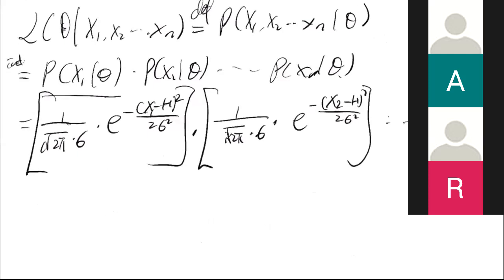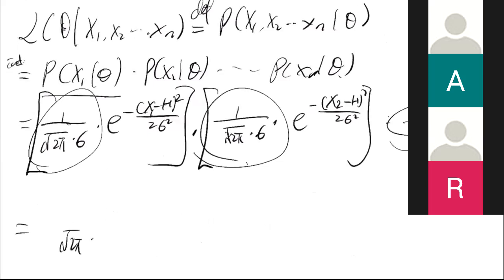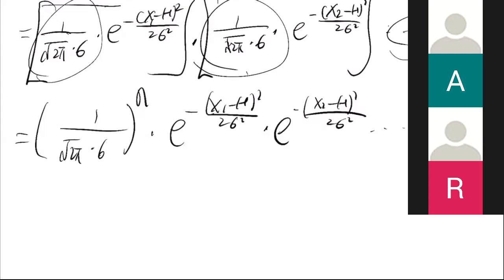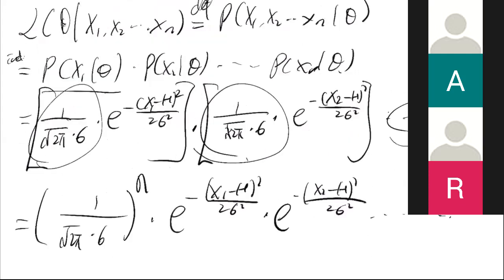And because this part is the same for each of the probabilities, and we have n parts of that, we can rewrite it as 1 over square root of 2 pi times sigma to the nth power, times e to the negative x1 minus mu squared over 2 sigma squared, times e to the negative x2 minus mu squared over 2 sigma squared, and so on. So after step 1 and step 2, we successfully set up the equation.